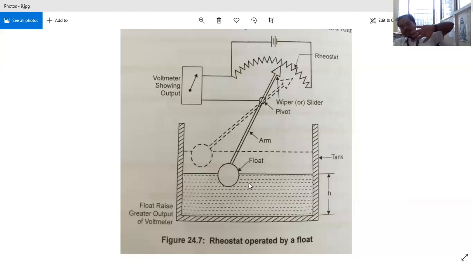The tank is situated in some other place, and I want to check the level of the water. So we can determine the tank levels with reference to this voltmeter reading.